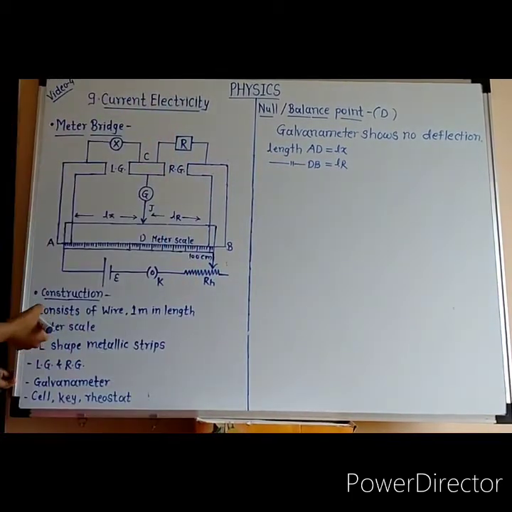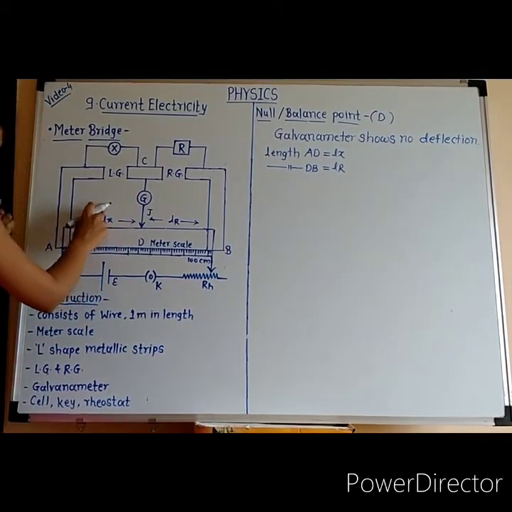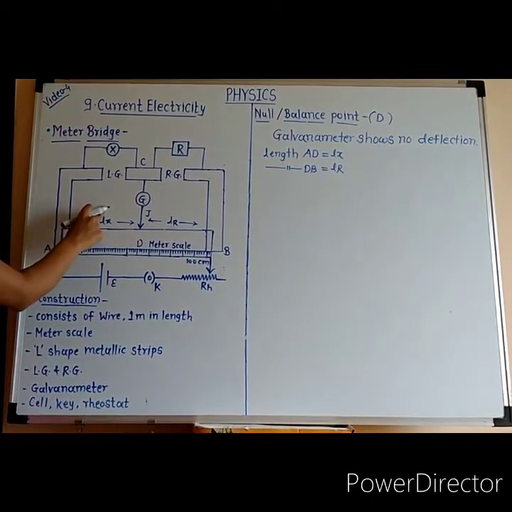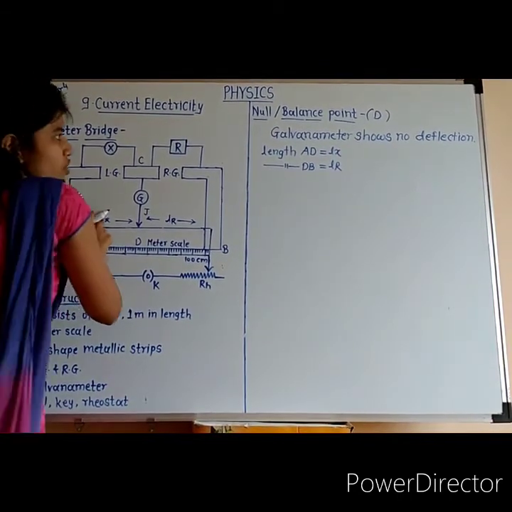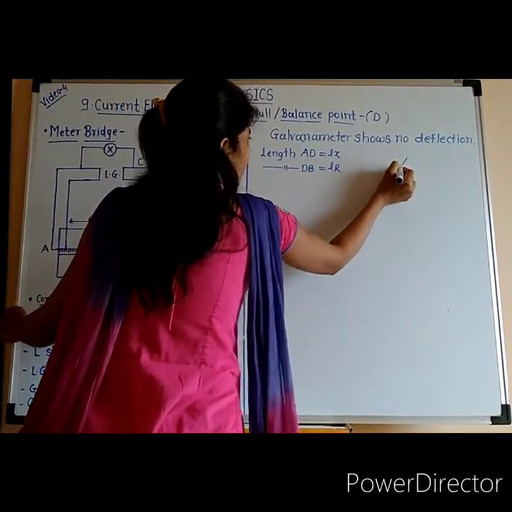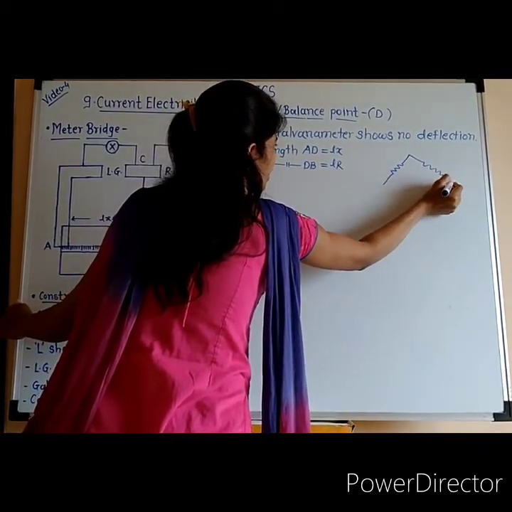Now we apply the balancing condition for the meter bridge. In the last lecture we studied the balancing condition for the Wheatstone bridge. This is the circuit diagram of the Wheatstone bridge.